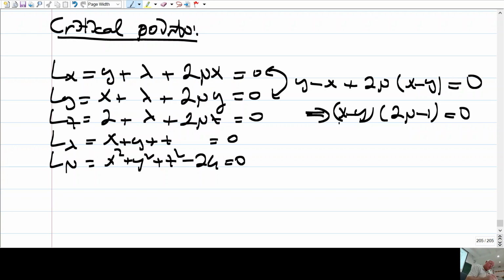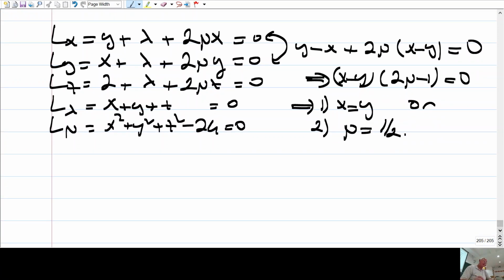Right? So from these two equations we get this gadget. This is equal to 0 gives me two possibilities. Possibility 1, x equals y, or possibility 2, 2 mu is equal to 1, so mu is 1 over 2.